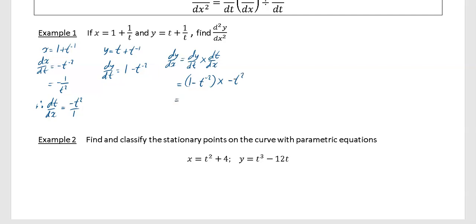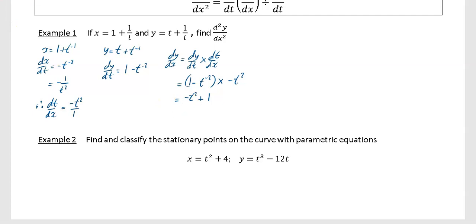So we can just multiply this out and see what we get. You're going to get 1 times minus t squared, which is minus t squared. And then minus t to the minus 2 times minus t squared will just give you plus 1. Okay, that's what you've got so far. So that's my dy by dx.